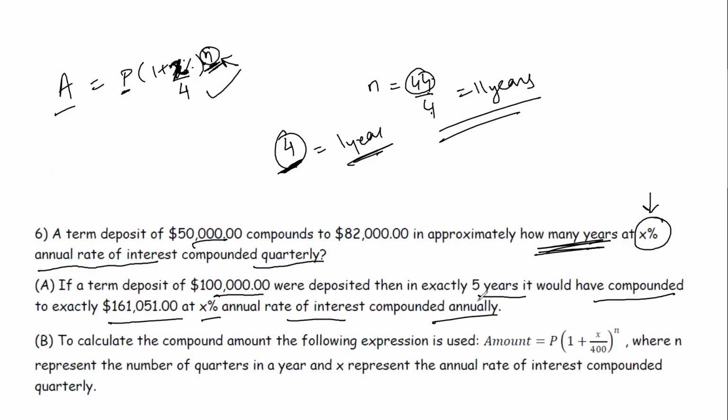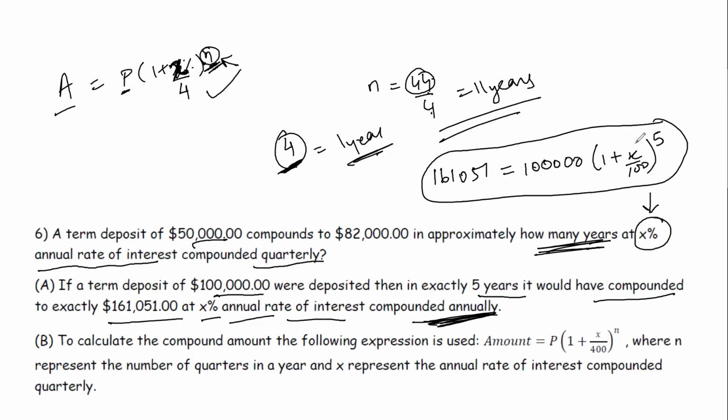Now we have out here 161,051, and it's exactly saying that, had we used the principal 100,000 and 1 plus X%, 5 years, compounded annually. So from this expression, we can find out the value of X, and using that, we can find out the answer to our main question.